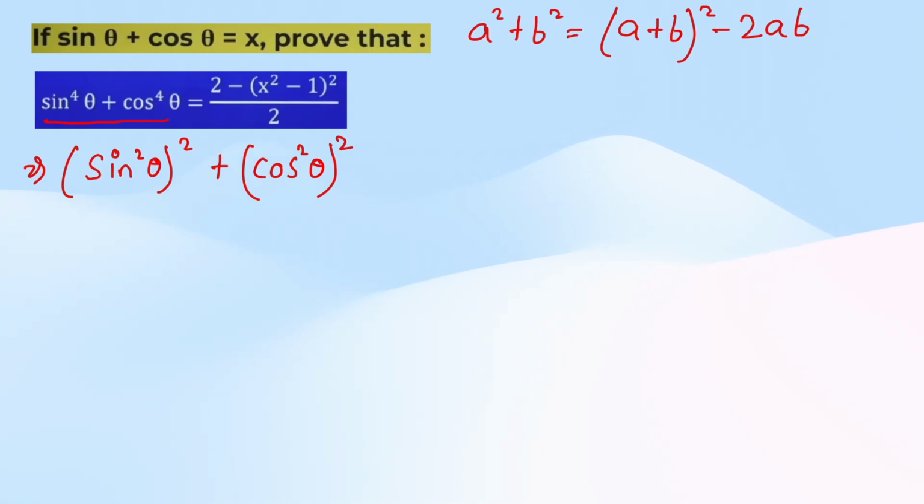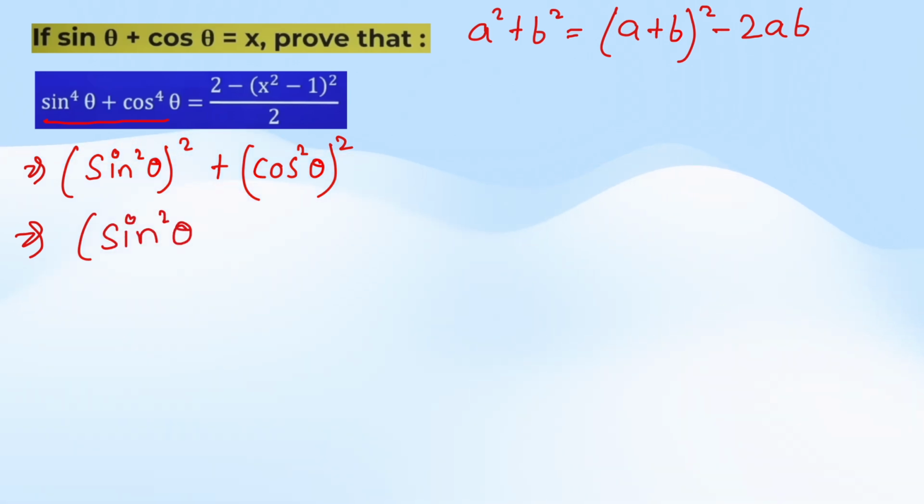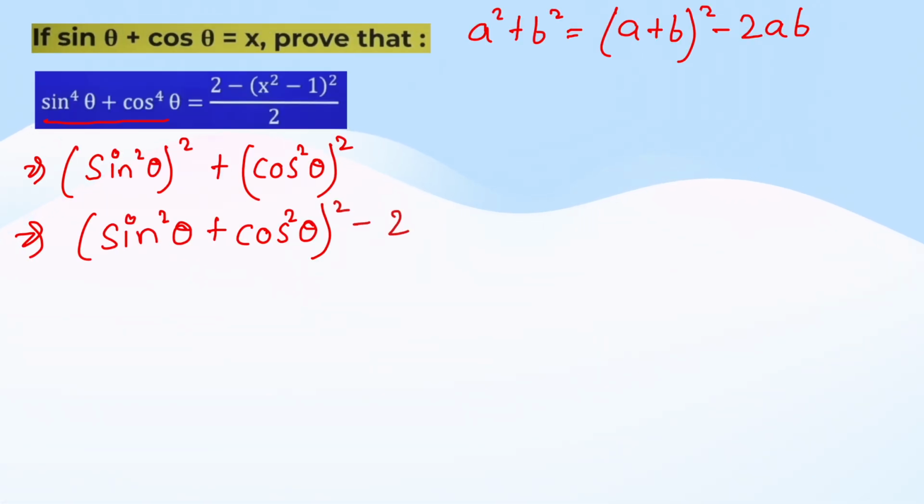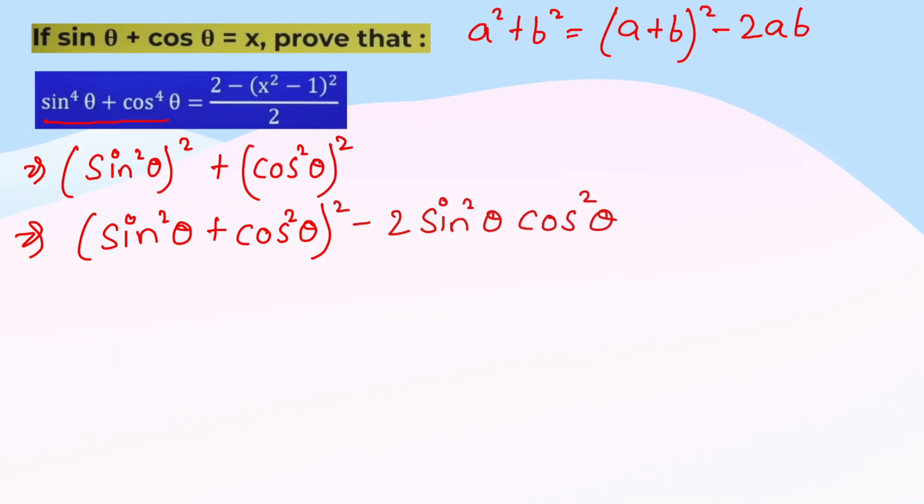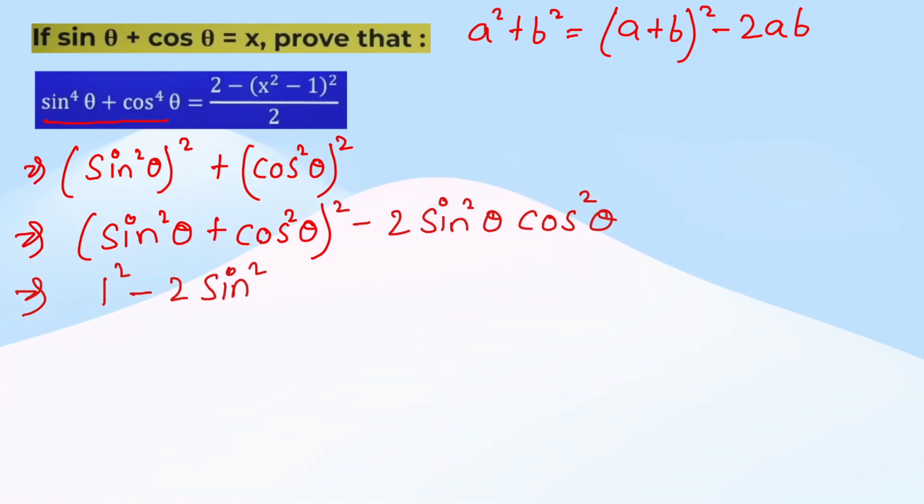Just make use of it. So it will become sin square theta plus cos square theta the whole square minus 2 times sin square theta cos square theta. Clear? Now, what is sin square theta plus cos square theta? It is 1. So 1 square minus 2 times sin square theta cos square theta.